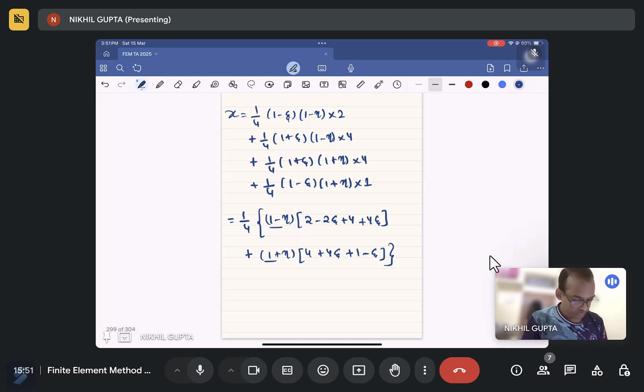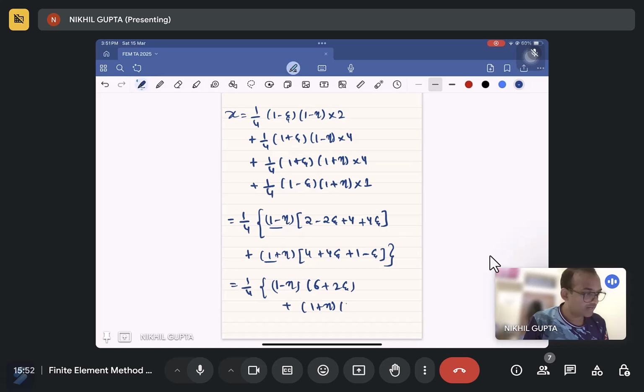Okay, when you solve this, you will get 1 by 4 of 1 minus eta with 6 plus 2 xi, then plus 1 plus eta with 5 plus 3 xi.